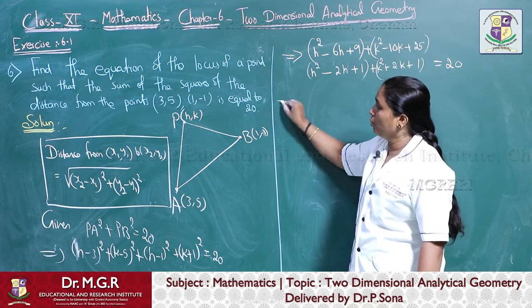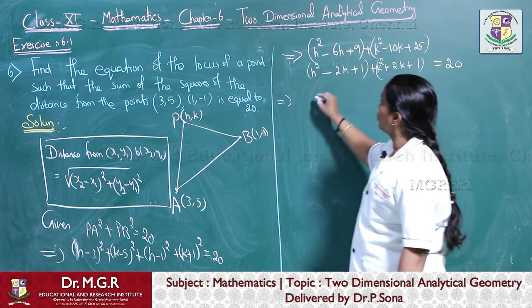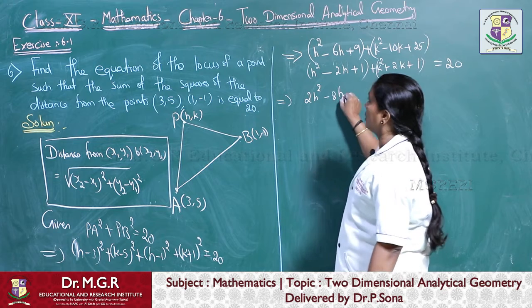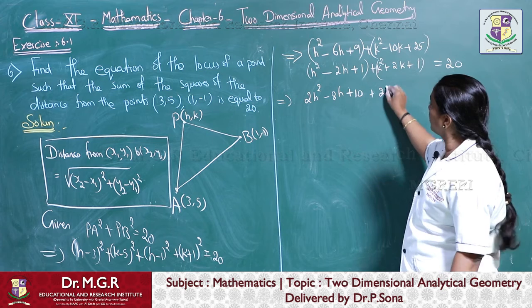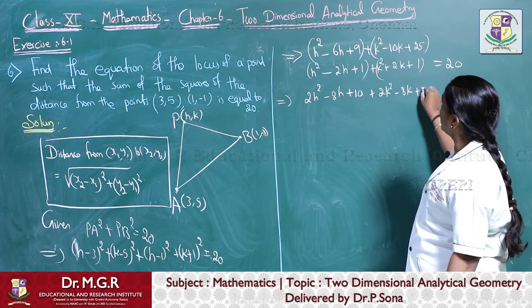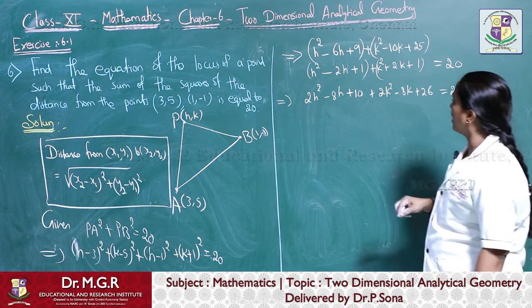Now we are going to add the corresponding terms. So h square plus h square becomes 2h square. Here minus 8h plus 10 plus 2k square minus 8k plus 26 is equal to 20. Just we added the corresponding terms.